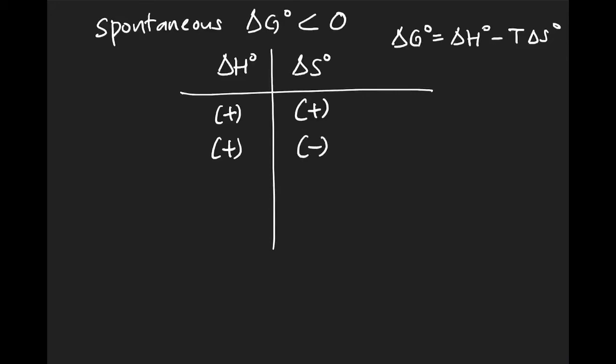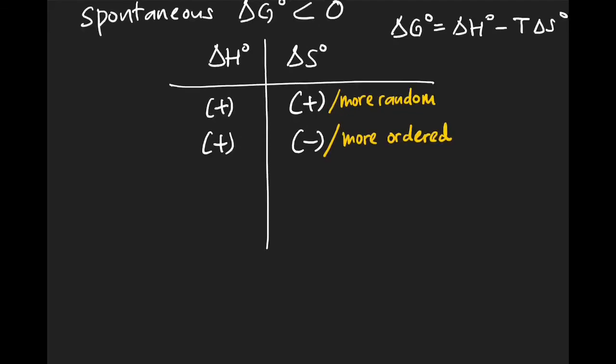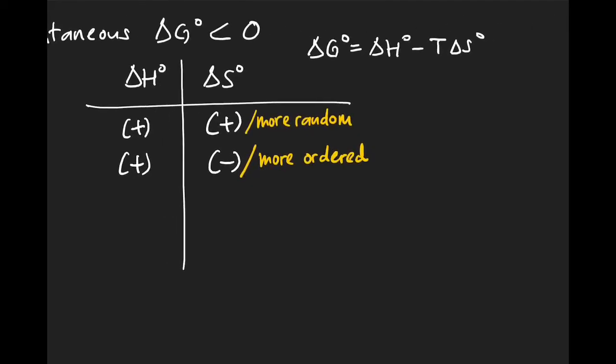Delta S positive means more random, a higher degree of randomness, while negative means more ordered. And we can also, of course, have the exothermic reaction that is more random, and the exothermic reaction that is more ordered. And we can see the trend for each of these combinations.